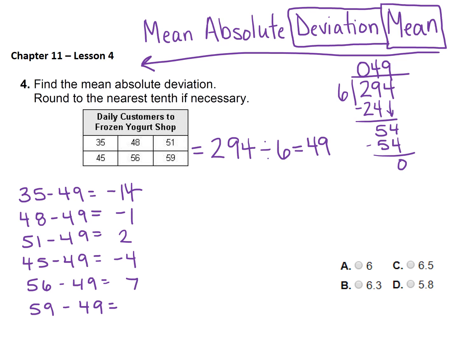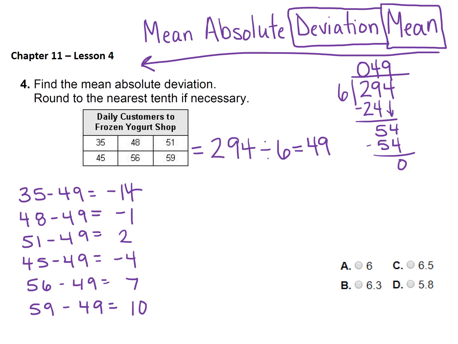And 59 take away 49 is 10. So all the negative values are data points that are below the average or the mean, and the positive values are above the average or the mean.